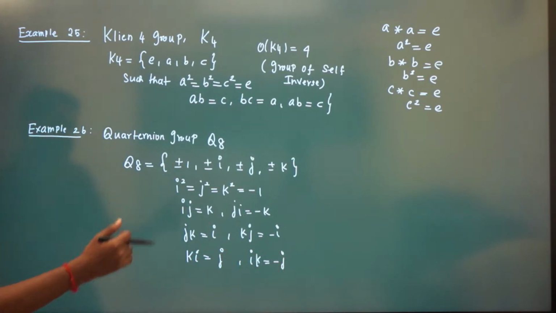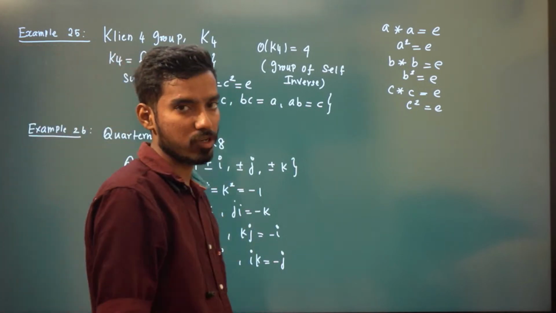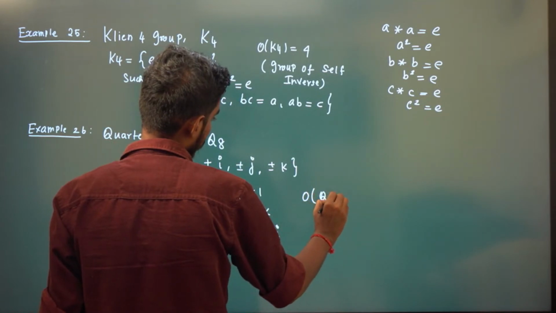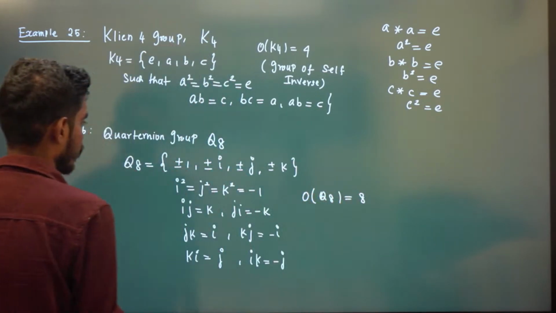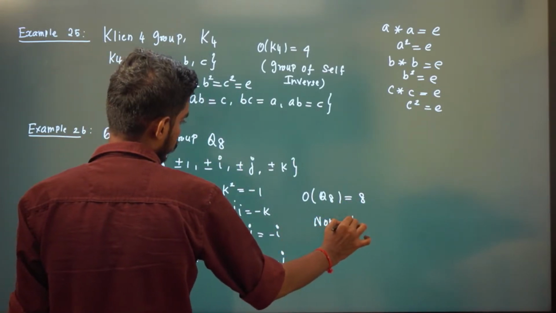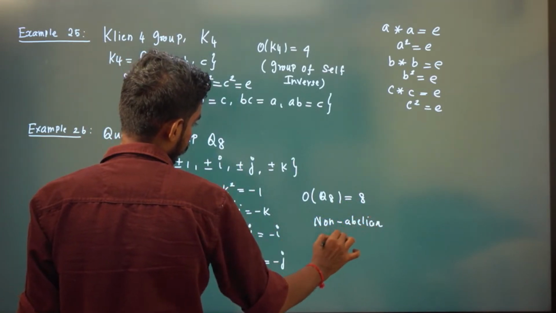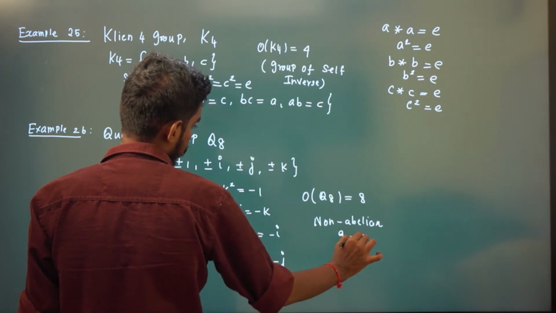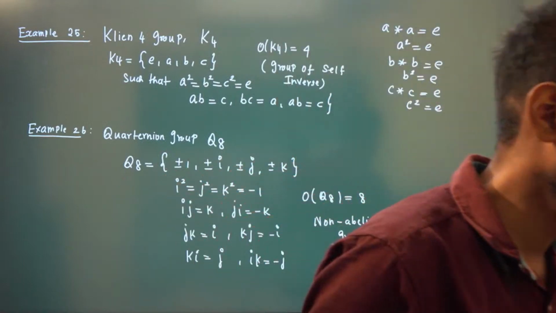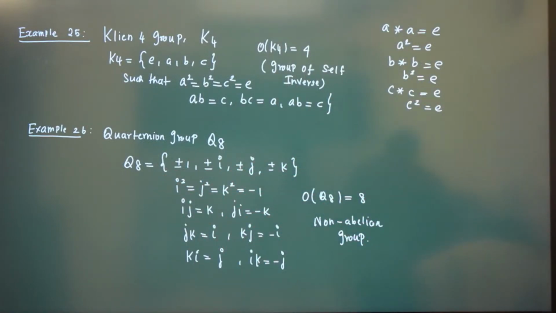That is, whenever you are multiplying two elements, you need to follow these rules. So the order of Q8 is 8, it has 8 elements, right? It is a non-abelian group. You just put a big box around this. These are two very important groups, right? We will discuss this more in the upcoming classes when we do normal subgroups, cyclic groups, and so on.